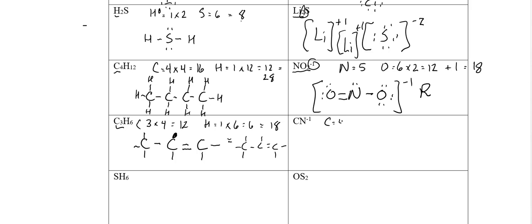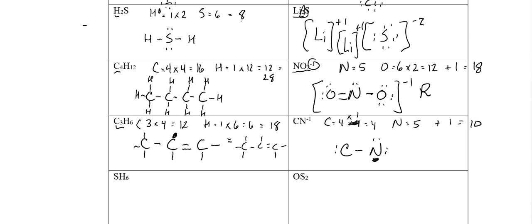Carbon 4 times 4, or rather times 1 is 4. Nitrogen is 5. Get an extra one. That's 10. 2, 4, 6, 8, 10.